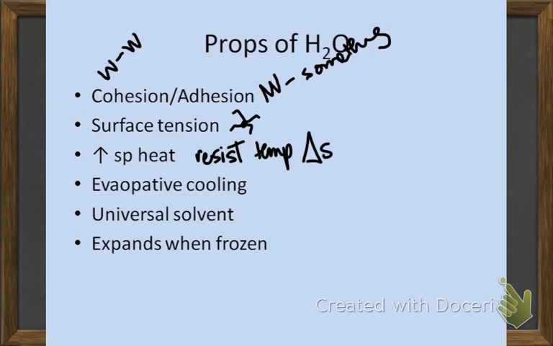And so it's going to release and absorb heat. The specific heat of water is 1 cal per gram per degree Celsius. Water forms hydrogen bonds to absorb heat and breaks hydrogen bonds to release heat.